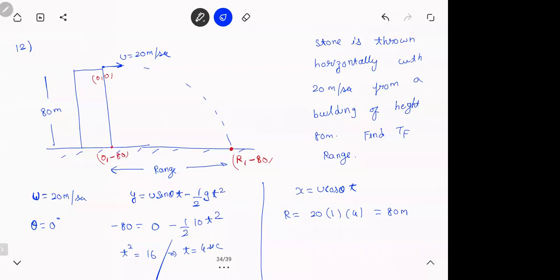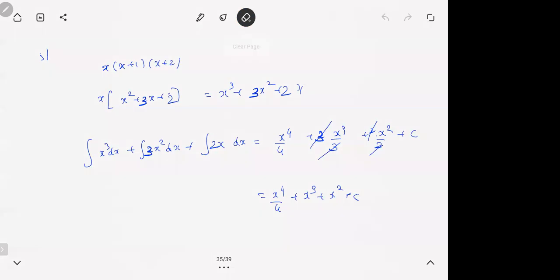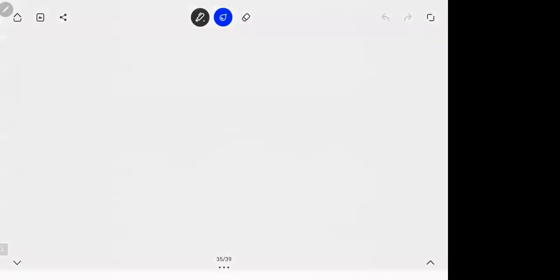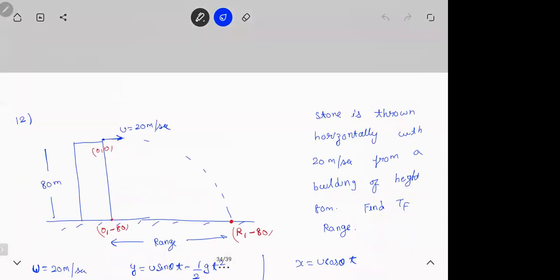So this was the last question, the 12th one, throwing from the top of a building. We have a particle projected with u and theta.